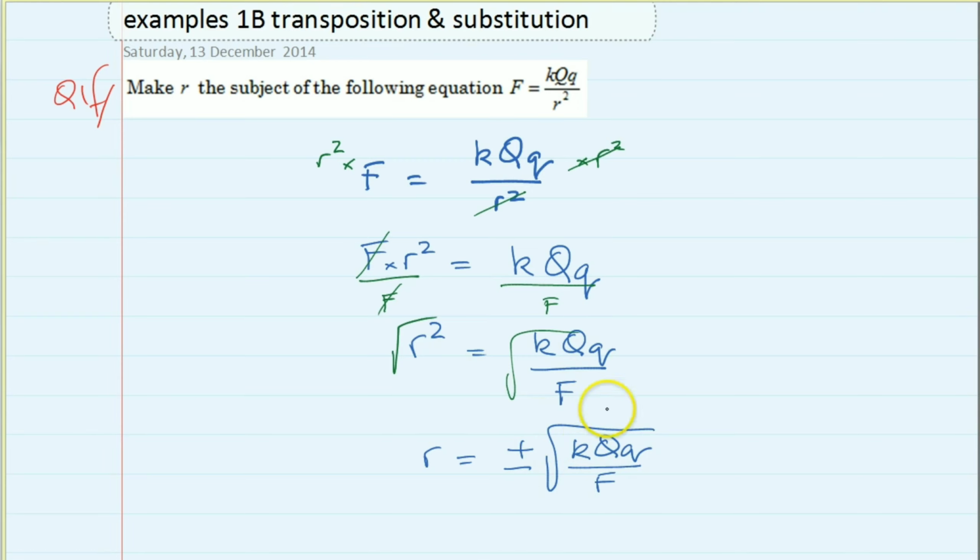Remember, when we take the square root of something, the answer could be positive or it could also be negative. And that's because if I'm looking for some number whose square is equal to 4, remember that 2 squared is equal to 4, but also negative 2 squared is equal to 4. So I need to include both the positive and the negative in my answer.